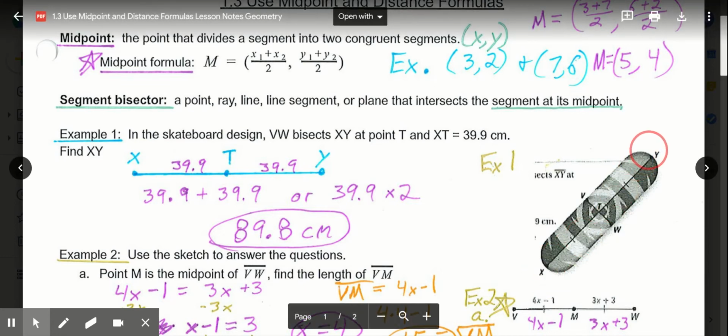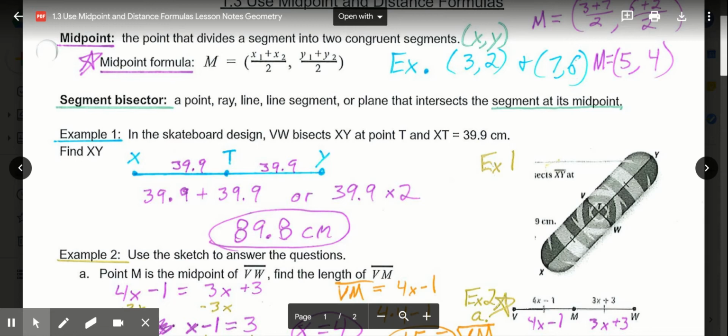So XY here is being bisected by VW, and that occurs at point T. In this case, point T would be the segment bisector of segment XY. It is also the midpoint. We could also say segment VW is the segment bisector of segment XY, meaning it splits XY into two equal parts.